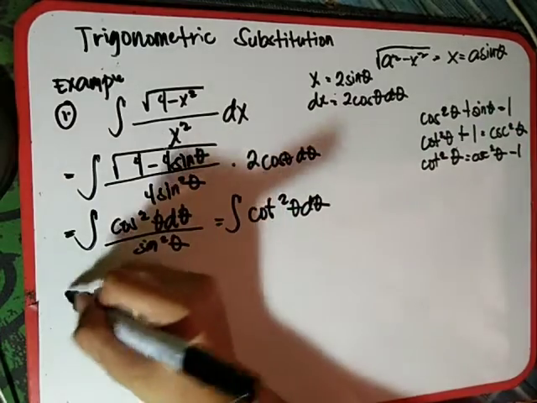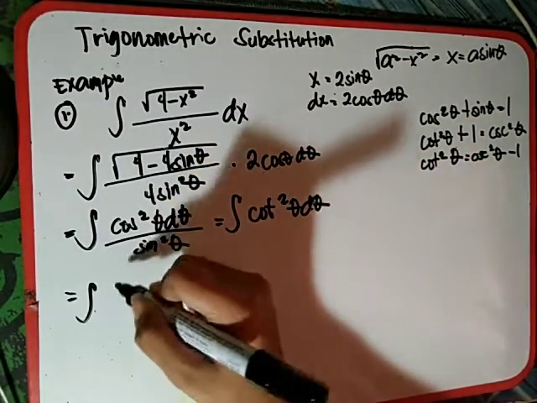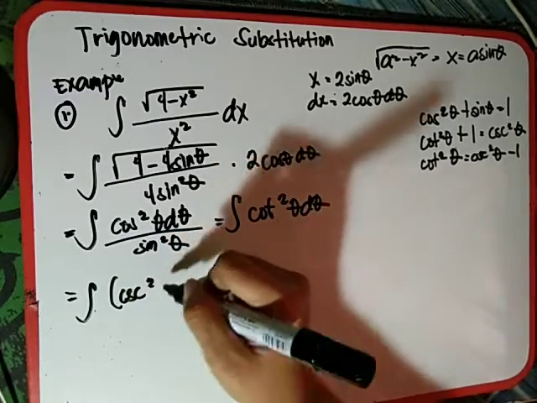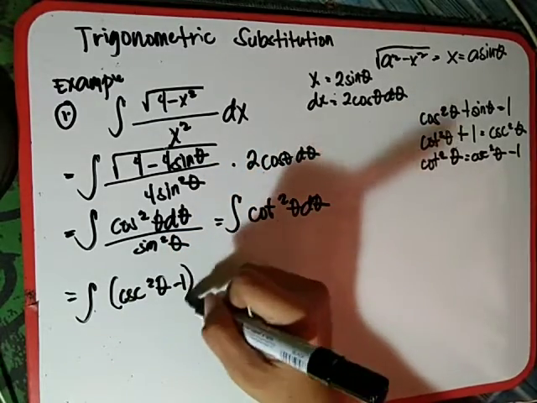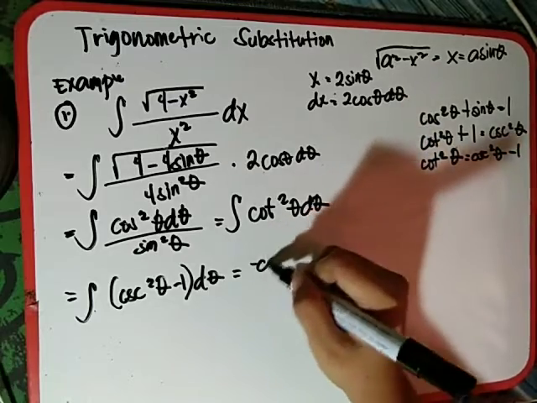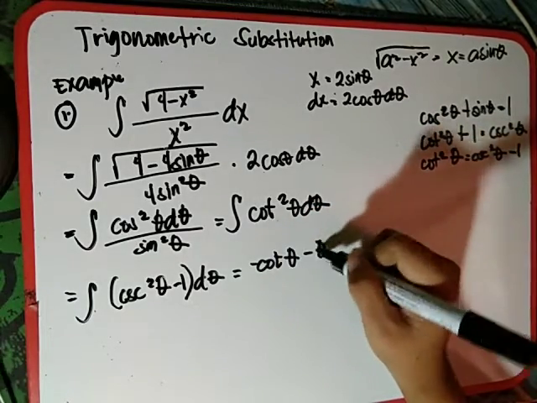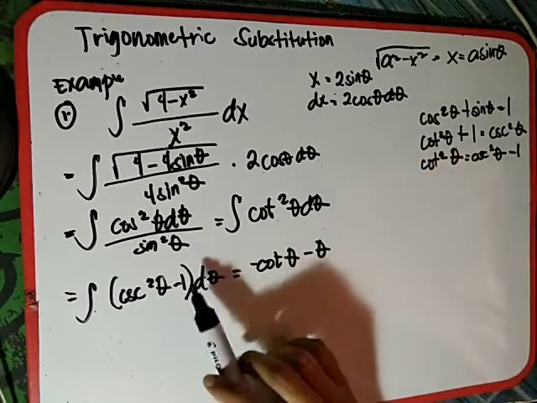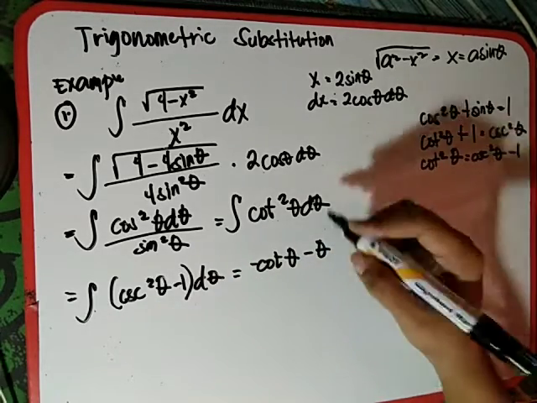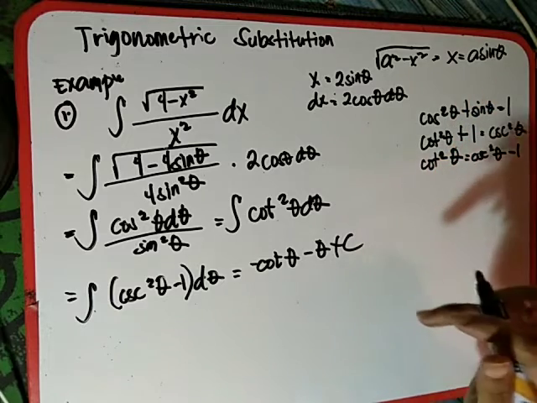So we have the integral of cosecant squared theta minus 1 d theta, which is equal to negative cotangent theta minus theta plus c. So this is not yet our final answer.